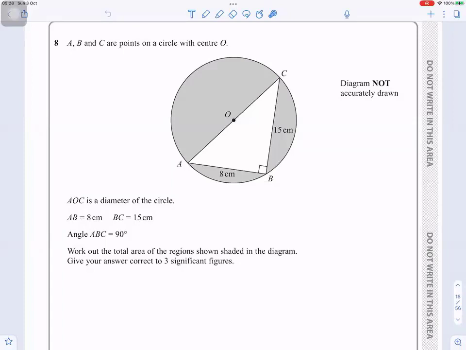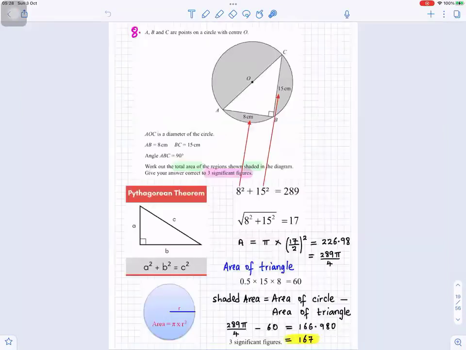Question number 8. A, B, and C are points on a circle with center O. AOC is the diameter of the circle. AB is equal to 8.